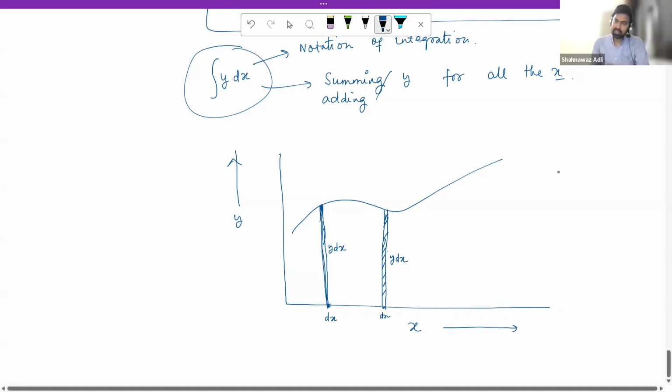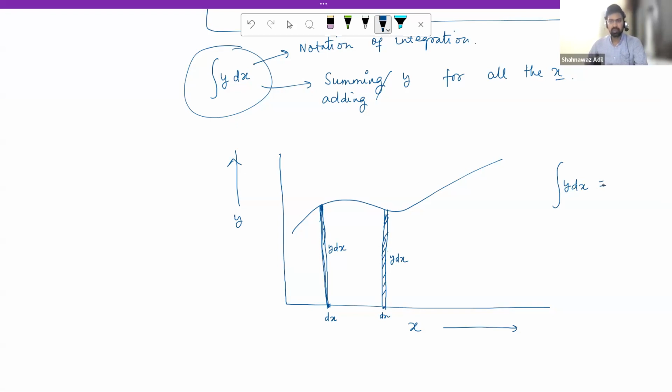So if I add up all these y dx, what will I get?